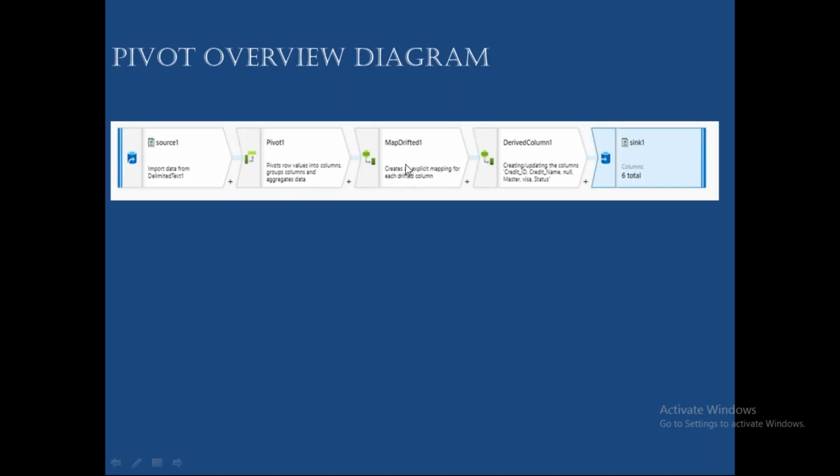But map drifted will not be available by default in these actions. When you apply the pivot transformation and preview the result, you will be able to see map drifted. You need to use this map drifted to get the output. In the output, if you want to get those new columns, you need to use map drifted. Then you need to use derive column to identify.